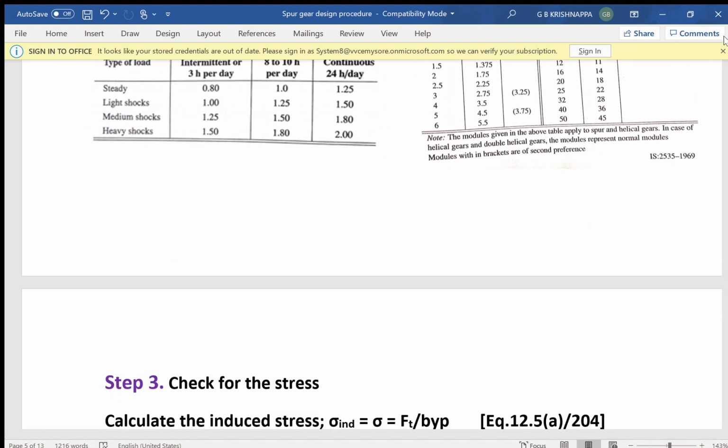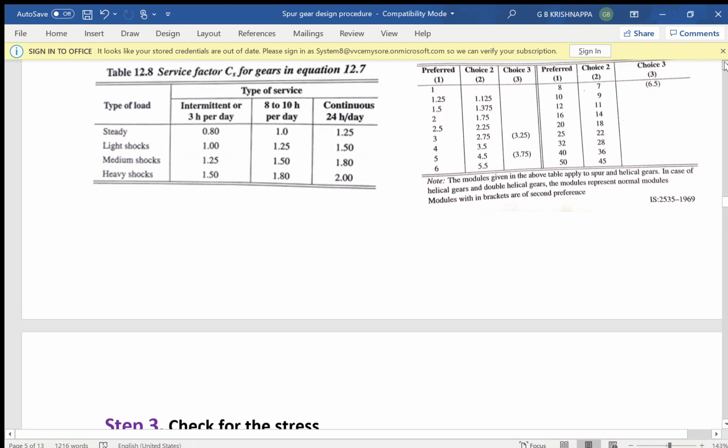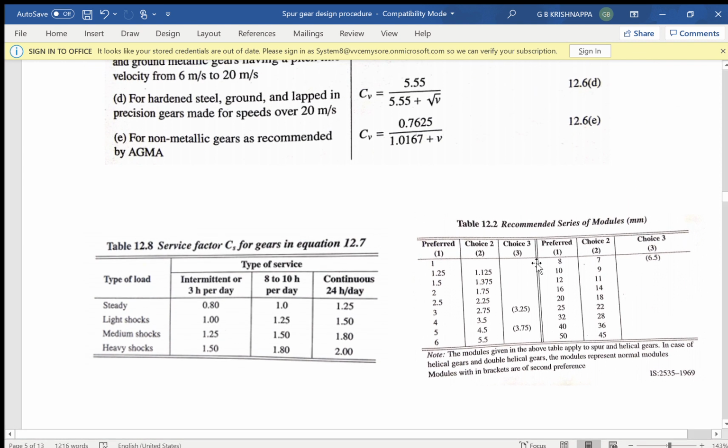Here we have that table, the recommended series of modules. Assume that after calculating, you obtain the module as, say, 3.43. The nearest higher value seen here is 3.5, but this is a second choice. It is better to go with 4.